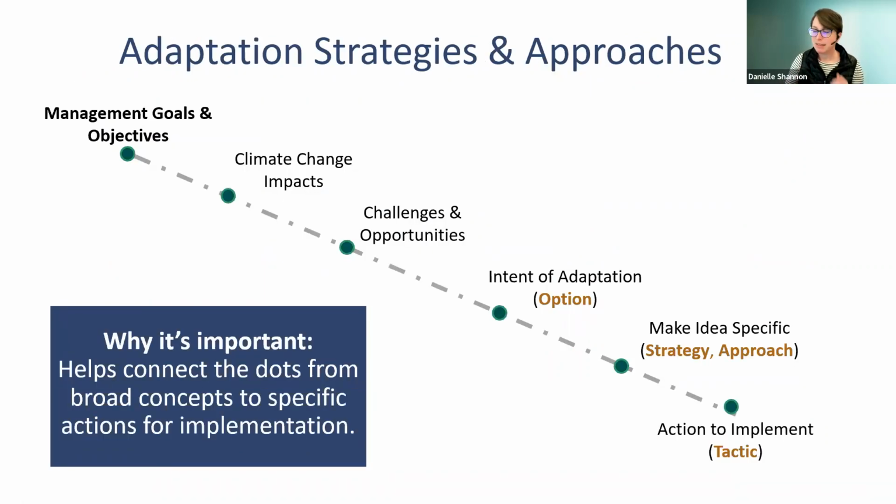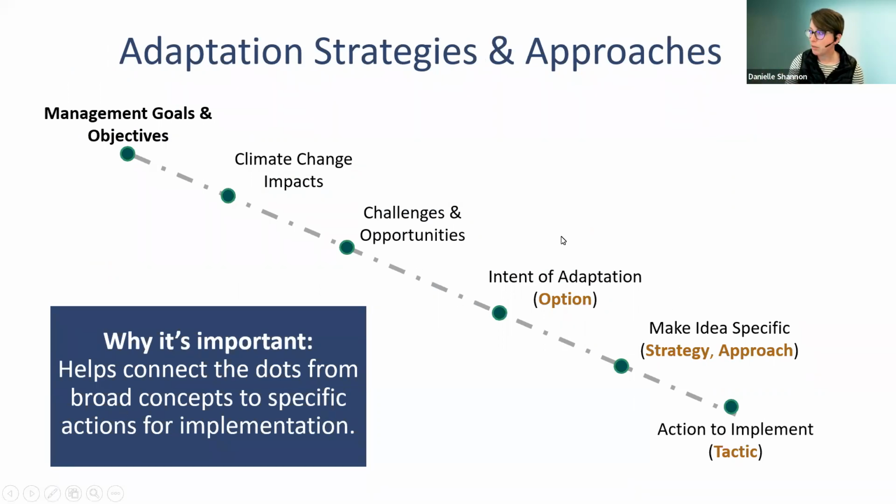So all of this is to say that the process that you're going through is a logical train of thought. It's an adaptive management process, and the adaptation menus that we're studying right now are key to helping connect the dots between climate vulnerabilities, risks, and challenges and our responses.